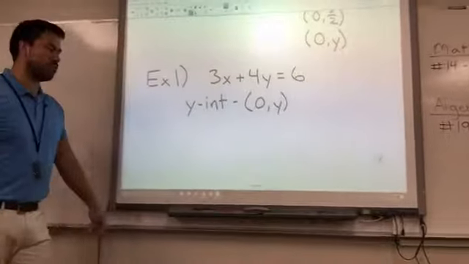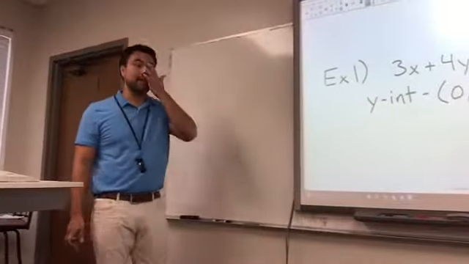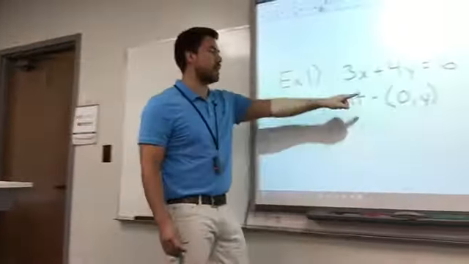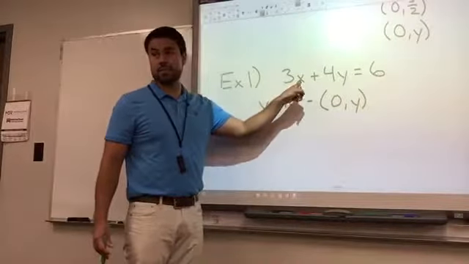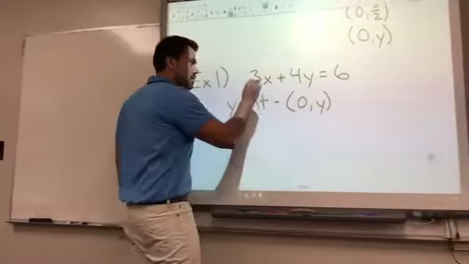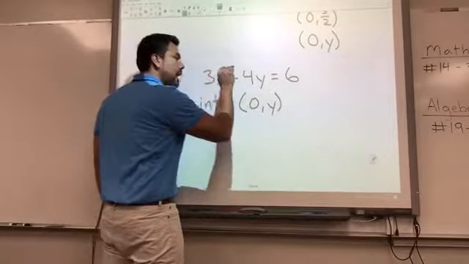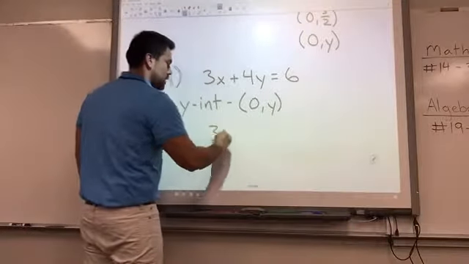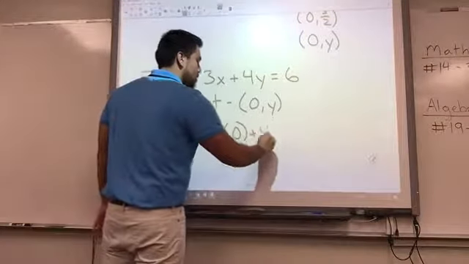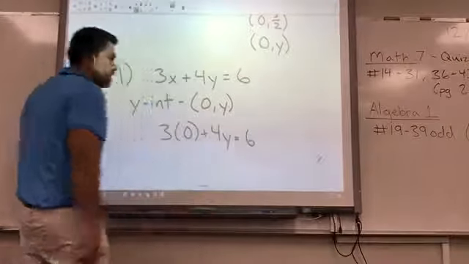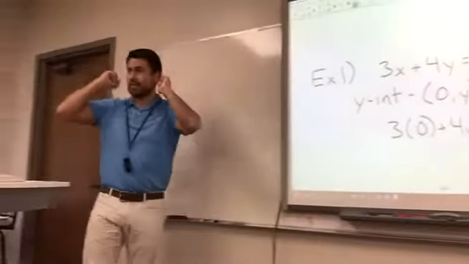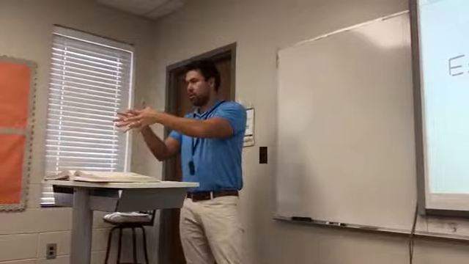It's going to be in that form. So what should I make equal 0? I should make x equal 0. So what I want you to do is put in 0 here and solve for y. So 3 times 0 plus 4y equals 6. So basically what I'm asking is if x equals 0, what does y equal?